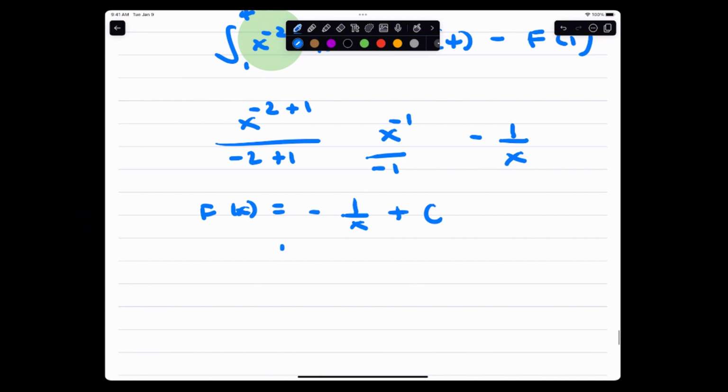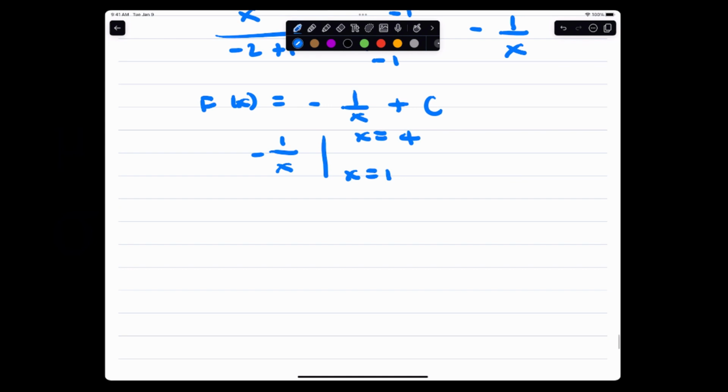So we're going to have to evaluate negative 1 over x. The lower limit is 1. The upper limit is 4. So I would say be very careful here, okay? This is where you can really make a mistake. All right? Antiderivative, plug in the 4 here.